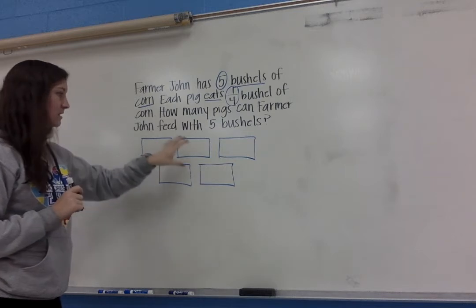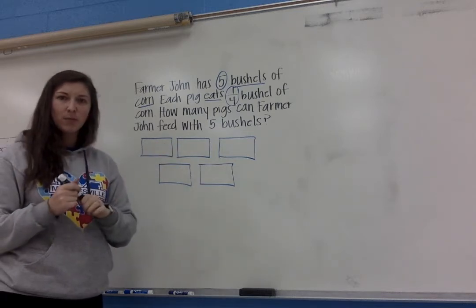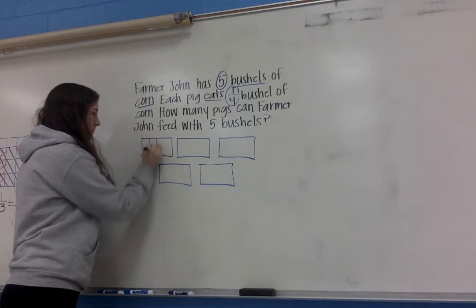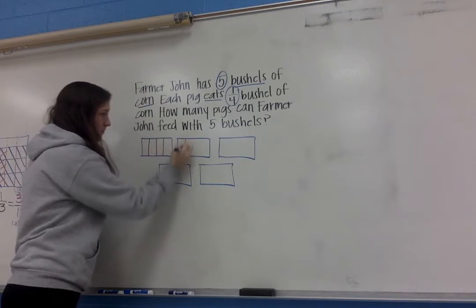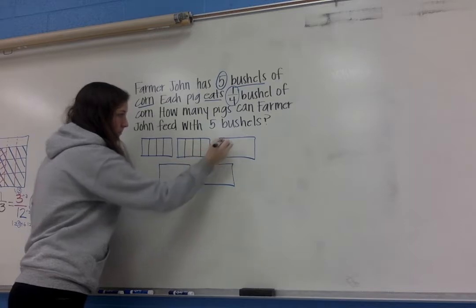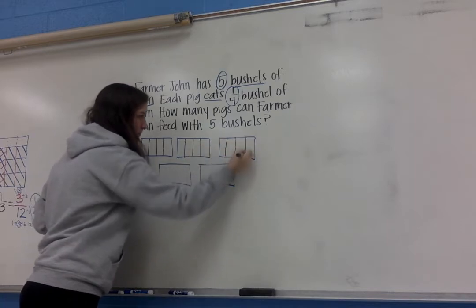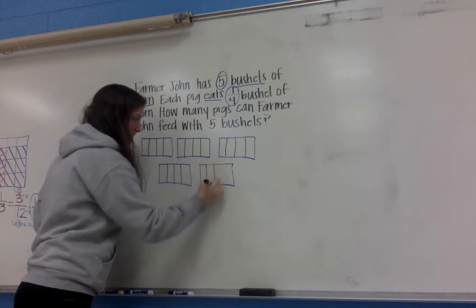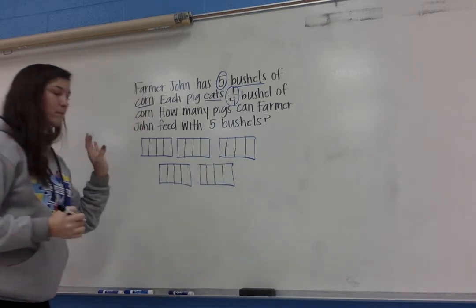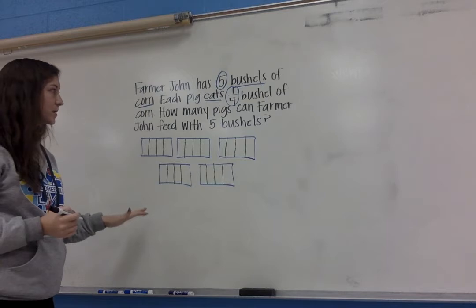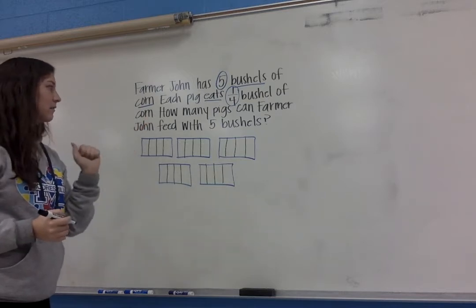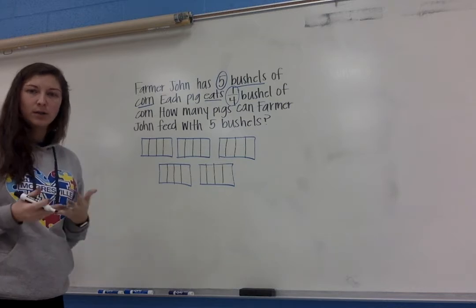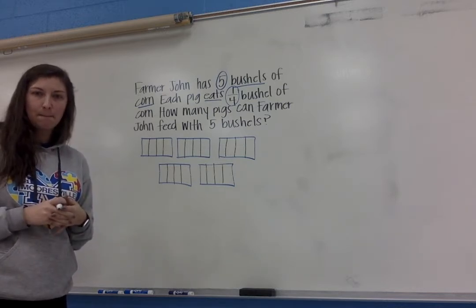So I can take these 5 bushels and break them up into fourths. Alright, so my bushels are broken up into fourths. How many pigs can Farmer John feed with 5 bushels?